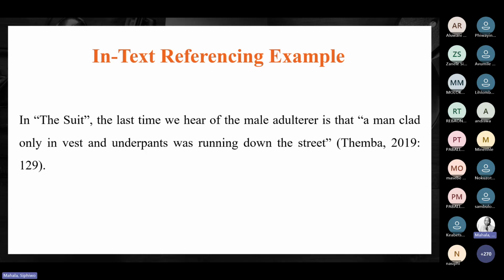So here's an example. In the short story, in The Suit, the last time we hear is that a man clad only in vest and underpants was running down the street. So this quote is from Ken Temba's The Suit. So it's Temba, but it's published in Red Apple Dreams, which was published in 2019. And you find it on page 129. So that's how you do in-text referencing.